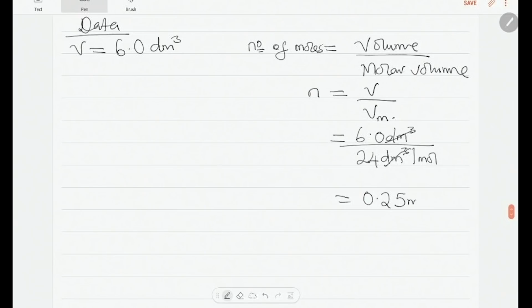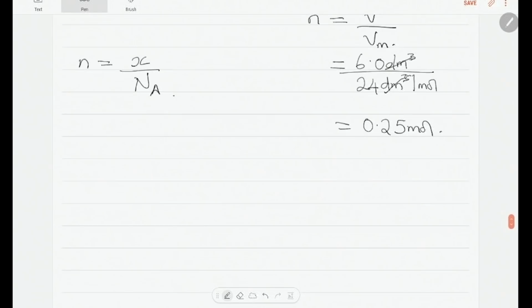Since we have n, which is equal to 0.25 moles, we then use the formula: number of moles is equal to X over Na. In this case, Na is the Avogadro's constant, represented by the symbol Na.